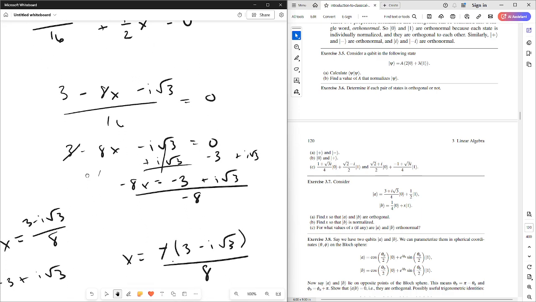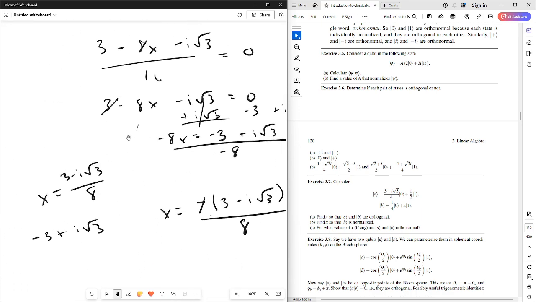Oh, it's because it's plus. You add the 8x, you're not subtracting it. So having to pull out the negative is not even a concern. So yeah, it winds up being minus 3 plus i square root of 3 over 8.